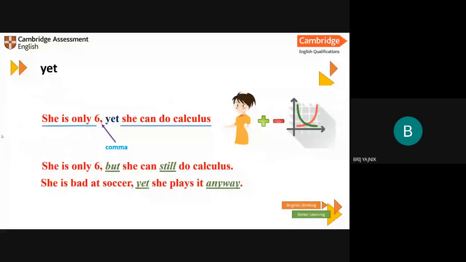It's up to you. So you can say, she is only 6, but she can anyway do calculus. Or you can say, she's bad at soccer, yet still she plays it. So you can use still and anyway anywhere. So that's the word but.